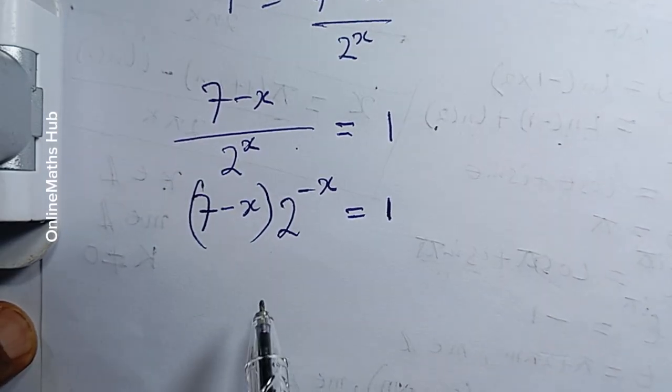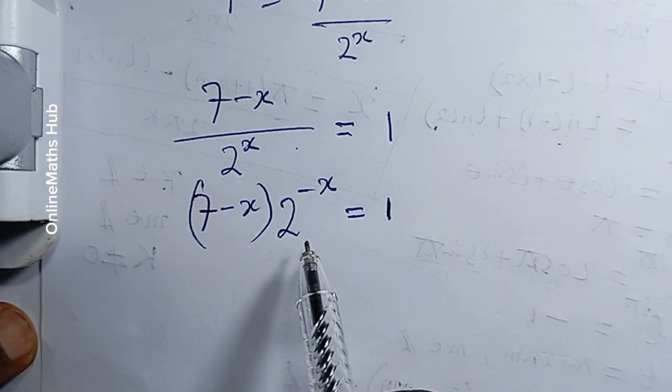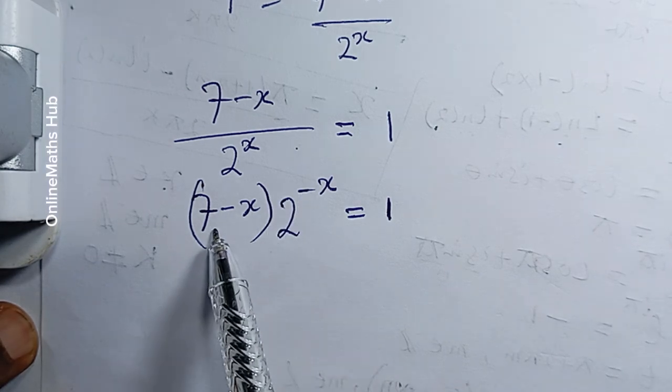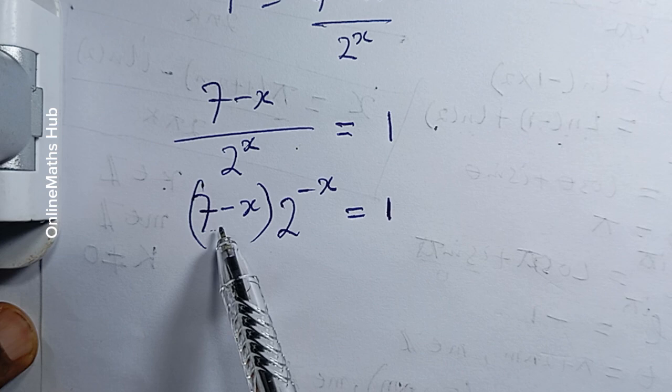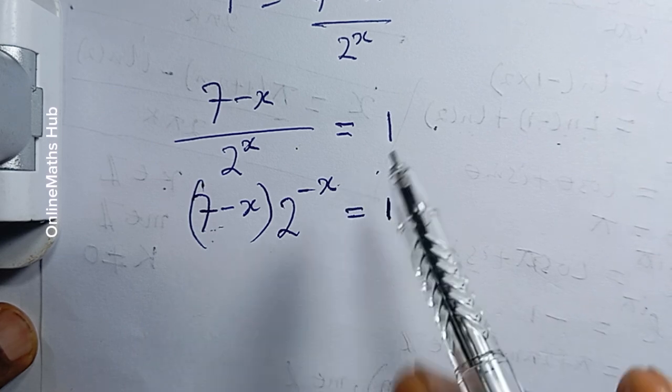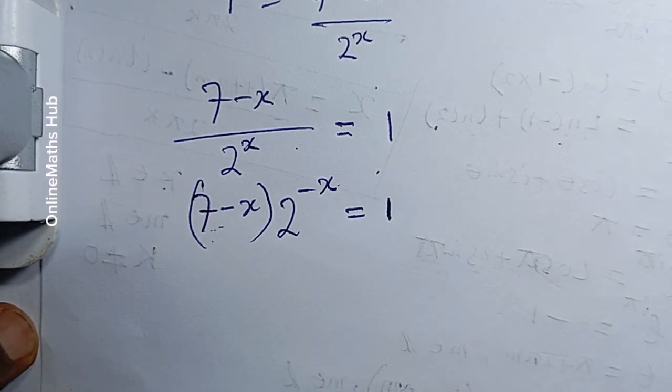Okay, so next I will want to find a way to have this same thing that is at the base right here at the power here, because we're going to be utilizing the Lambert W function to solve this problem.